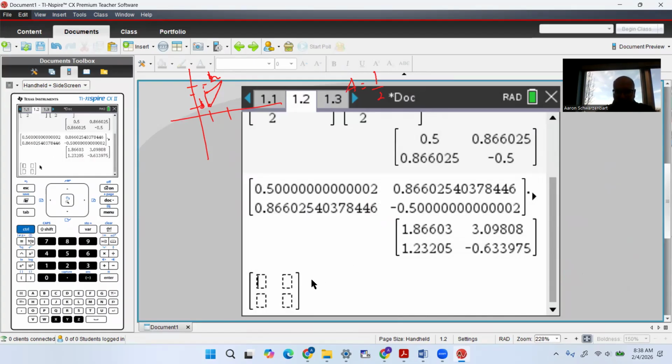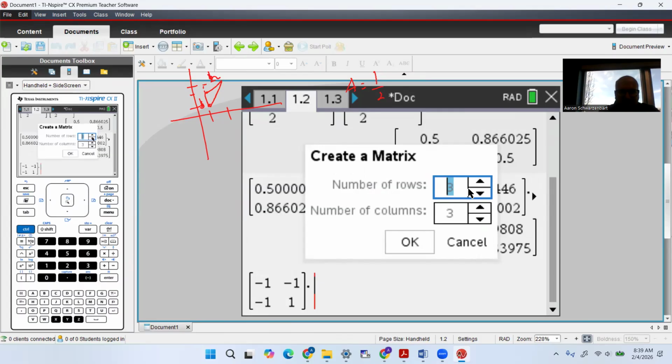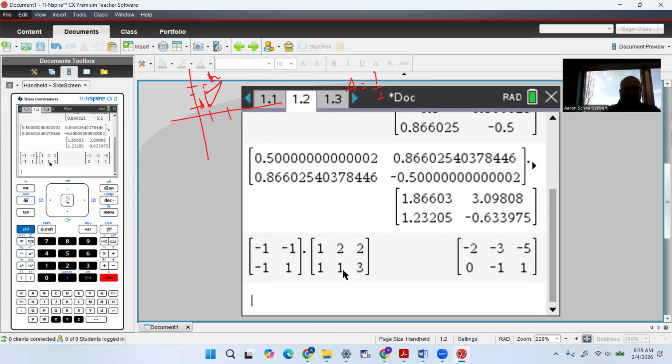The matrix is negative 2, 0, 0, negative 2 times my points as columns: 1, 1, 2, 1, 2, 3. And so we get this triangle, which we'll graph in a different color.